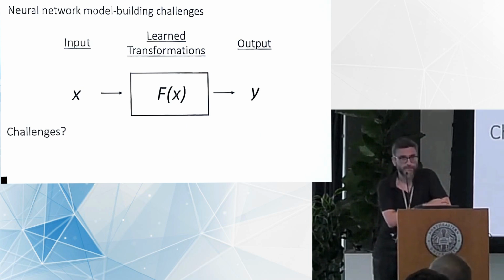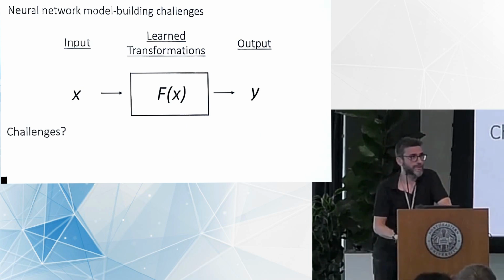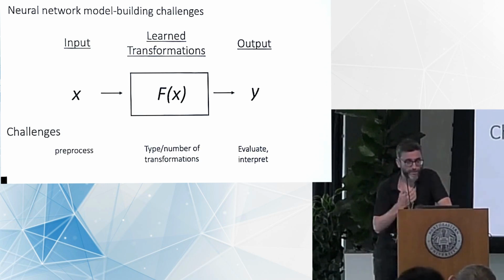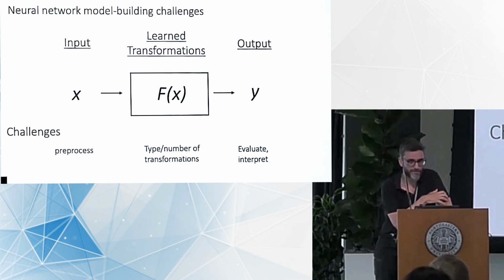Okay. So, of course, it's not quite that simple. There might be some challenges associated with each of these steps of the neural network, some of which are always going to come up. If you're reviewer 3 on a neural network paper, you can have this checklist. For the input, how did the authors pre-process the data?